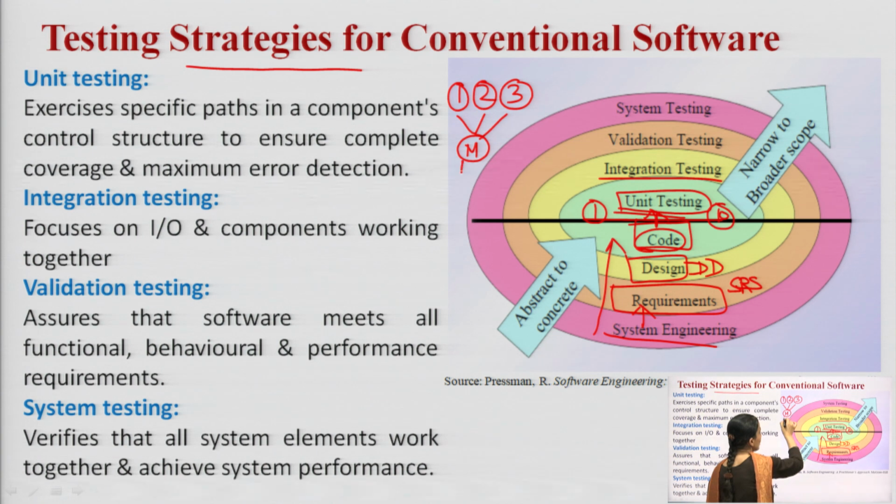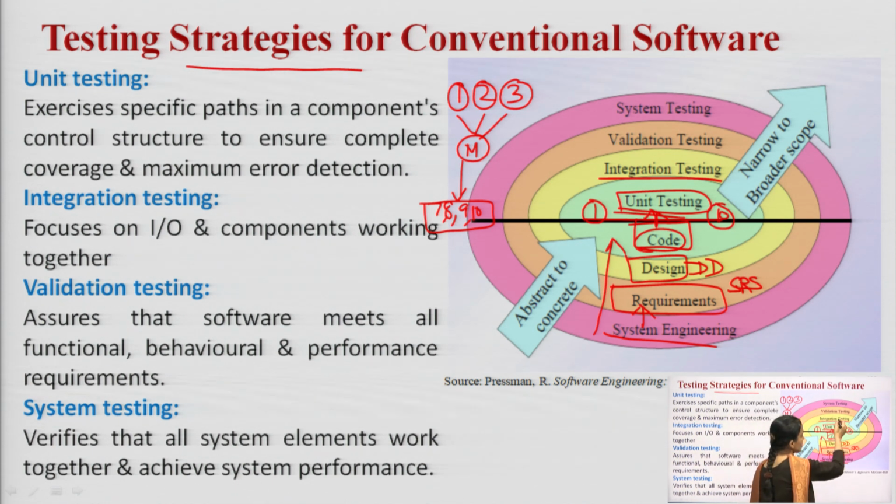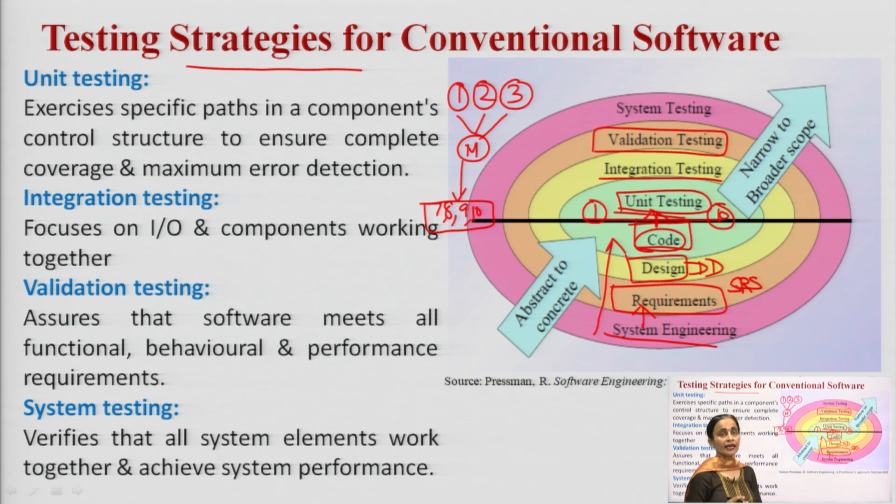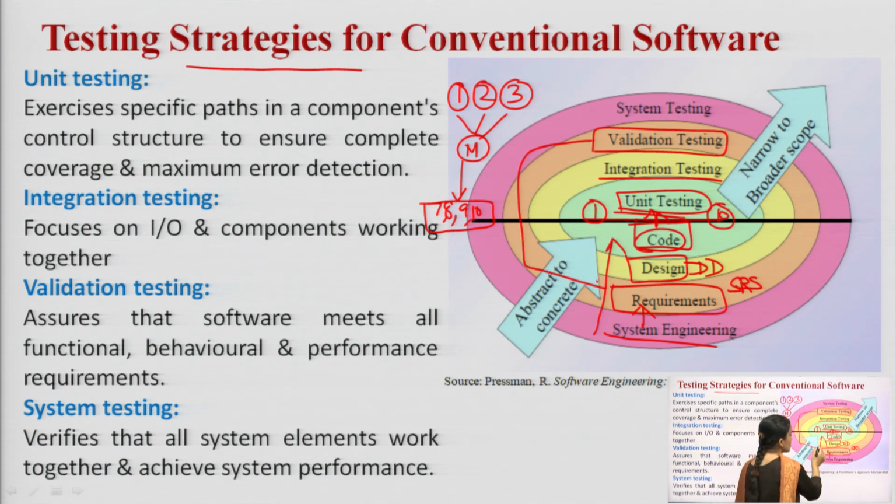When they are called for different sets of values, are they behaving properly? That is my integration. After integration, I will do the validation: are they giving correct results as per my SRS or not, because now I will validate them against my standard requirements. Are they matching or not?